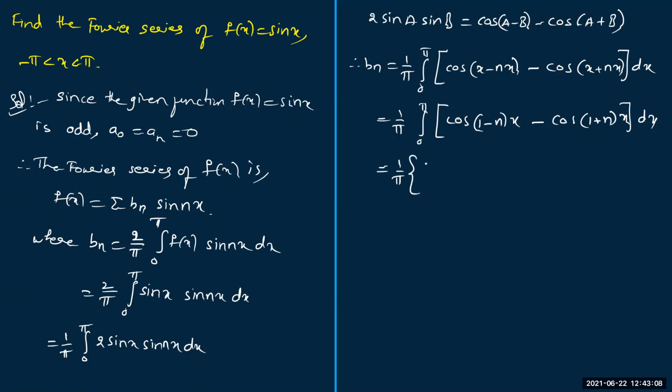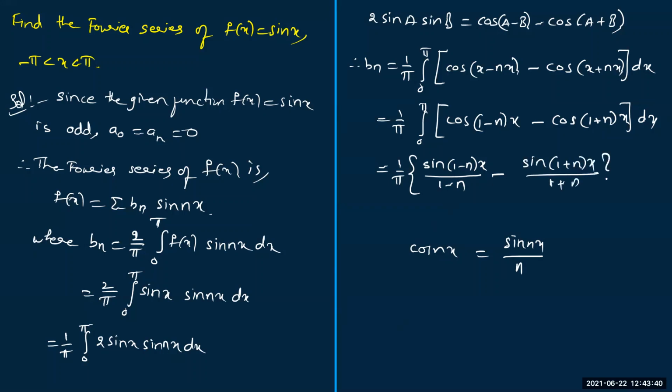Integration of cos nx is sine nx, and the coefficient of x comes in the denominator. Since the coefficient of x is 1 minus n here, you get 1 minus n in the denominator. So it is sine of 1 minus n into x divided by 1 minus n, minus, in a similar way, sine of 1 plus n into x divided by 1 plus n, and the limits are from 0 to pi.